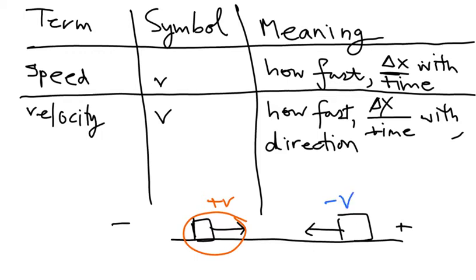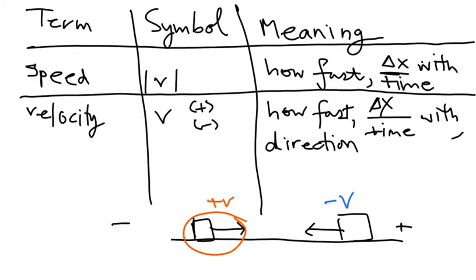Speed, on the other hand, is an absolute value. The difference between speed and velocity is that speed does not have direction, so it can never be negative. Velocity does have a direction, and it can be either positive or negative.